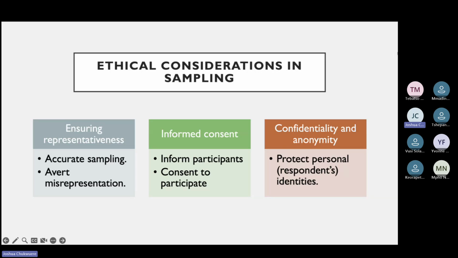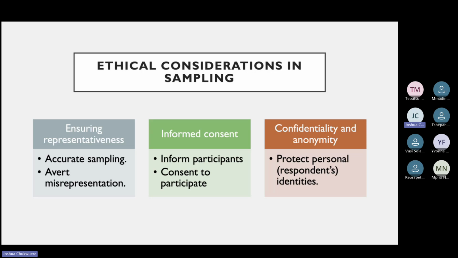Okay, fine. So now there are ethical considerations in your sampling. For you to have a sampling that is ethically correct, that deals with any form of ethical issues, there is a need for you to ensure representativeness.